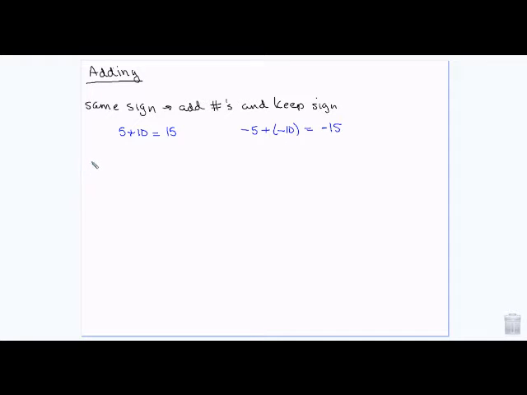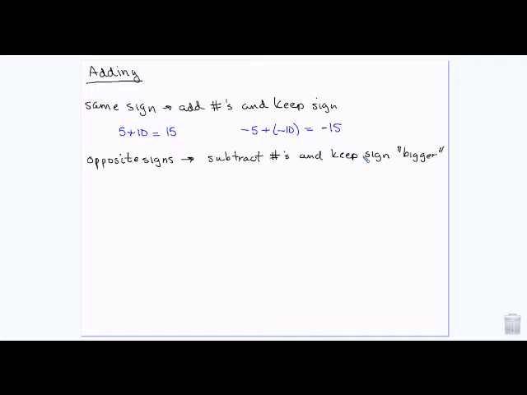Okay. If you have different signs, you're going to subtract the numbers. And keep the bigger sign. Well, the sign of the number that was bigger. I'm just going to put bigger in quotes because it's not greater, because positives are always greater than negatives, but if you had positive 3 and negative 10, I'm counting 10 as bigger.